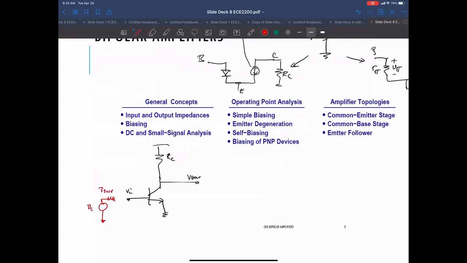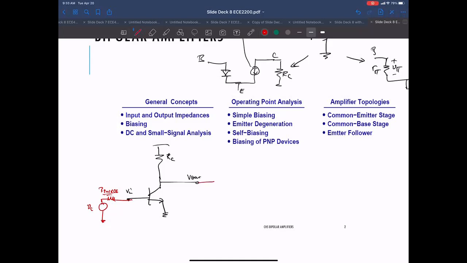Let's use the case of a microphone. A microphone has some resistance built into it. So the question is, what's the effect of that? And it's very typical. Almost anything that drives an amplifier has its own source resistance or source impedance.